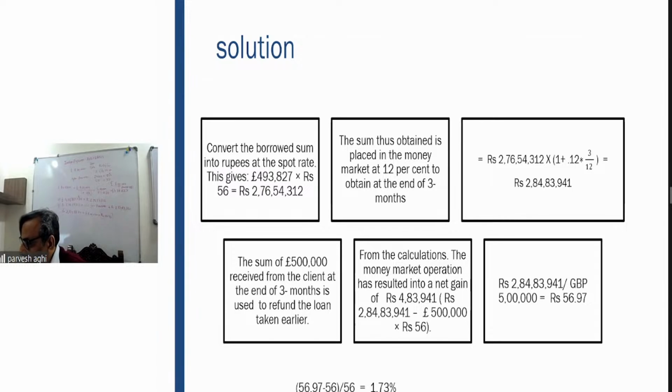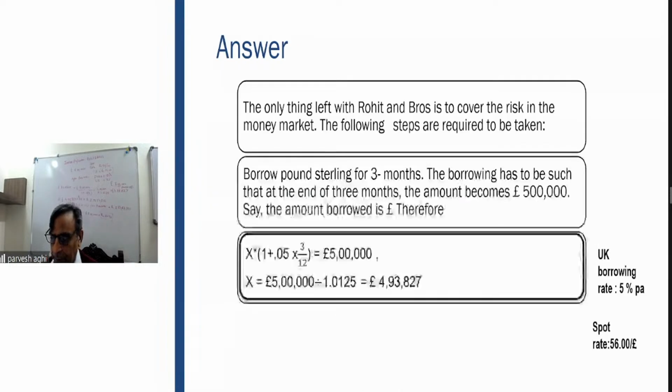Namrata was asking: on the basis of information given in the question, how do we decide which hedging technique to use? Here we have not been told whether to use forward, futures, options or money market. But only one piece of information is given, the interest rate between the two countries, and the spot rate. Since no other rate has been given, we are going to use only the money market hedge.